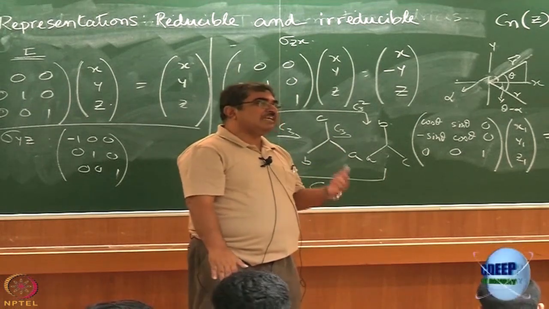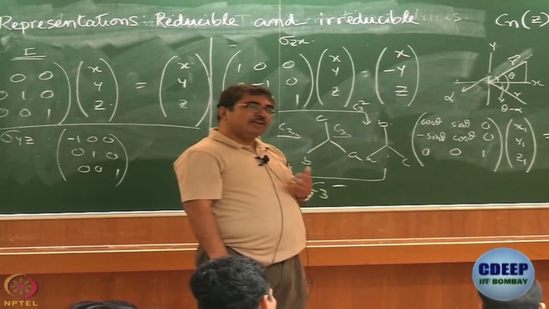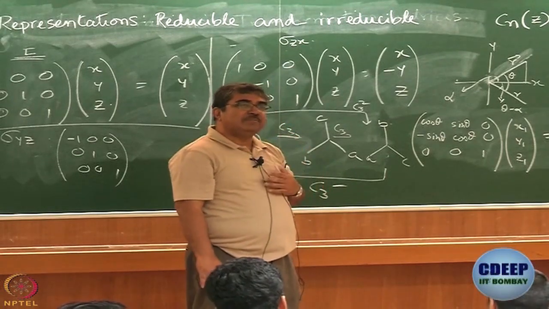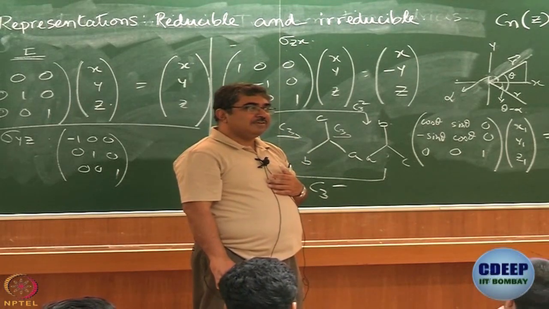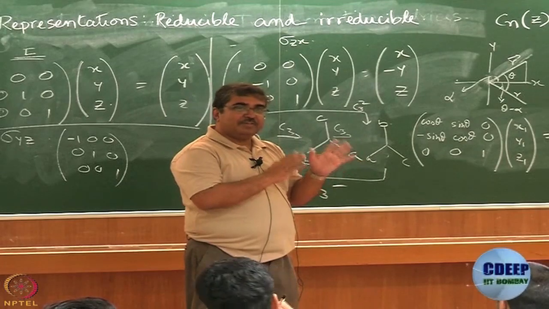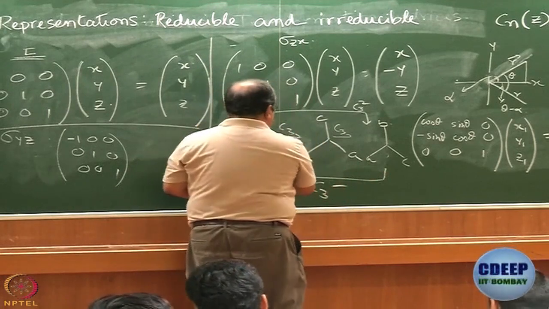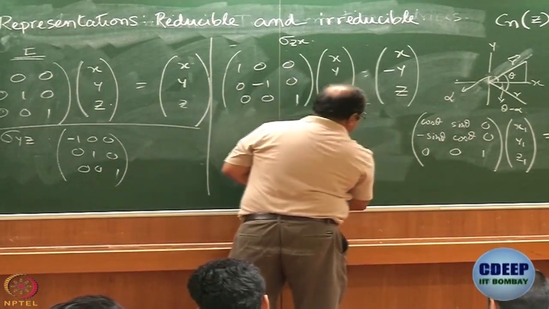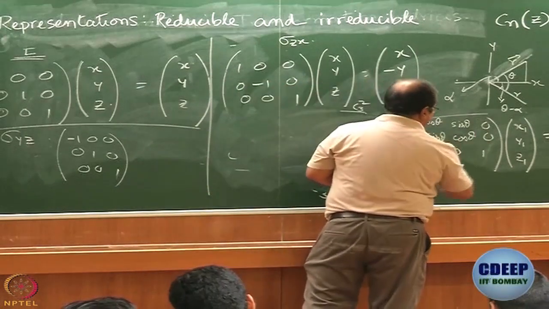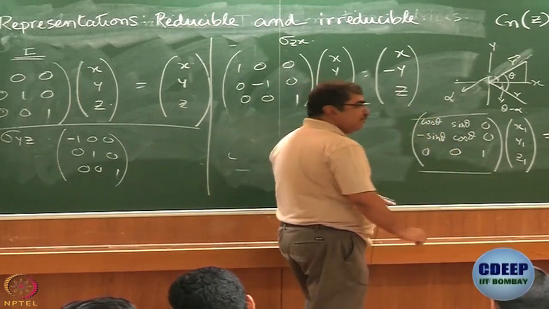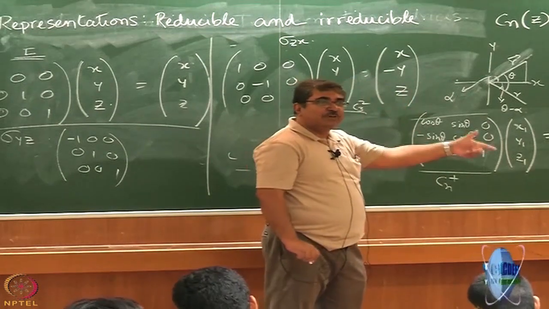And these operations actually belong to the same class. Do you agree that C3 and C3 square belong to the same class? Same kind of operation, right? What I would like you to do is, I will give you the answer, but you work it out yourself. This here is the transformation matrix for Cn plus; we have taken a clockwise rotation.